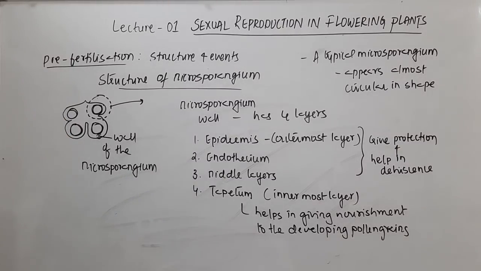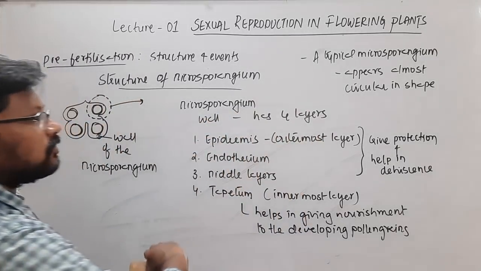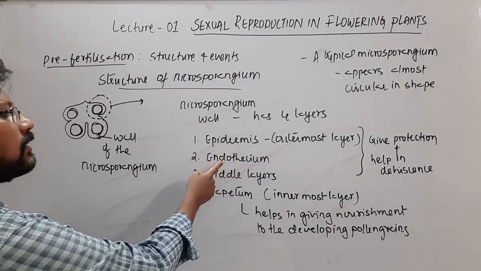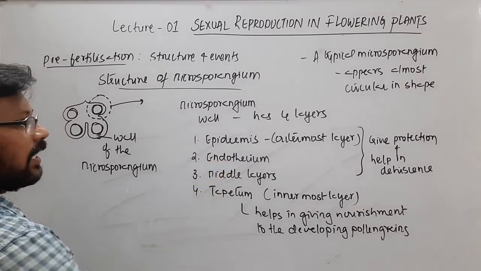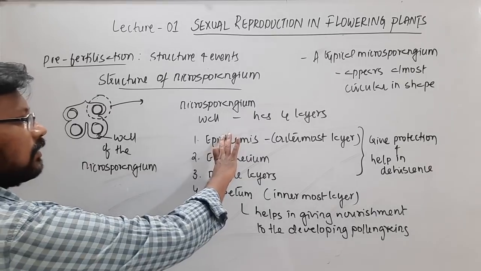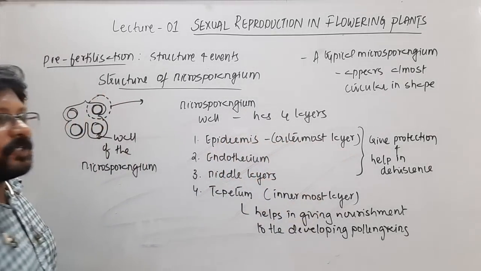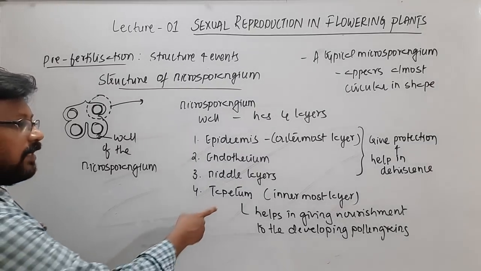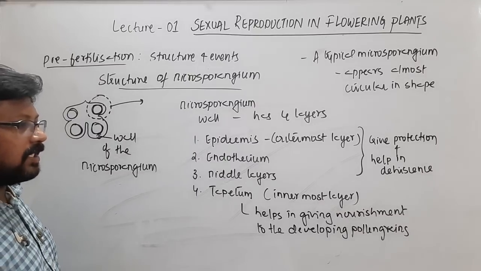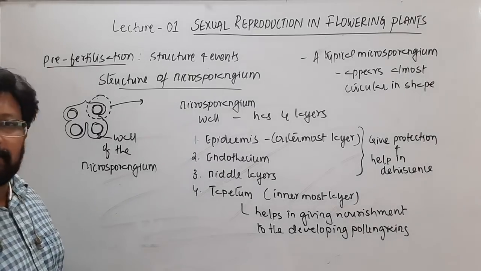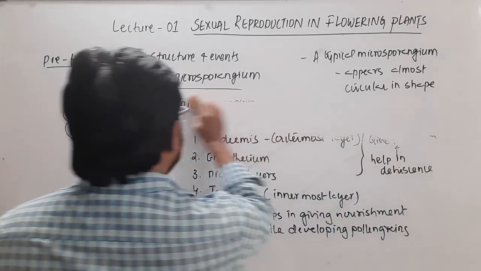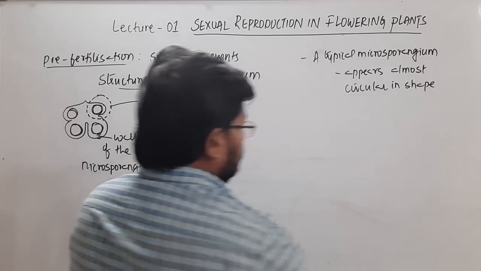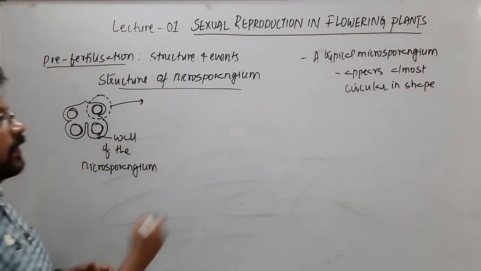Now let's look at this structure diagrammatically. As I have mentioned, the outer layer is the epidermis, below that the endothecium, the middle layers, and the tapetum. These three layers provide protection and help in dehiscence, whereas the inner one, the tapetum, helps in nourishment of the developing pollen grain. Now let's look at the diagram.